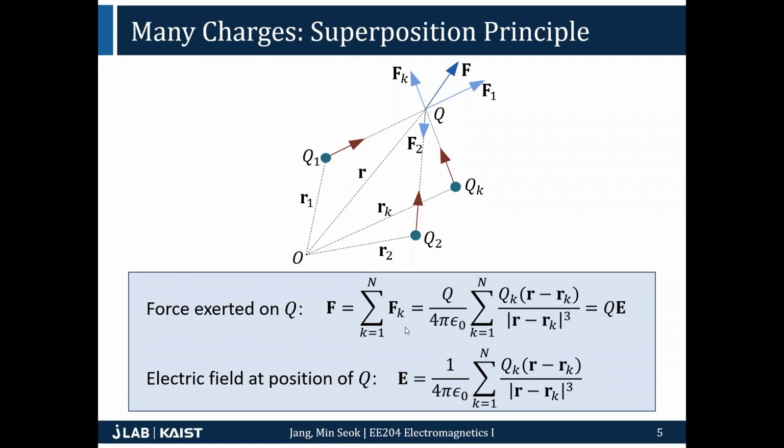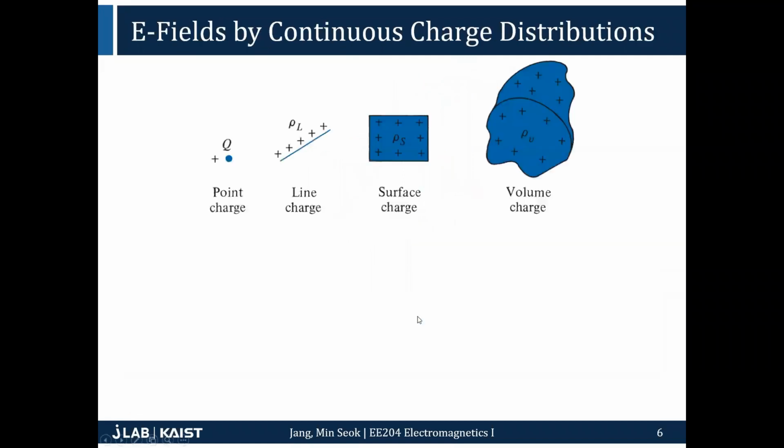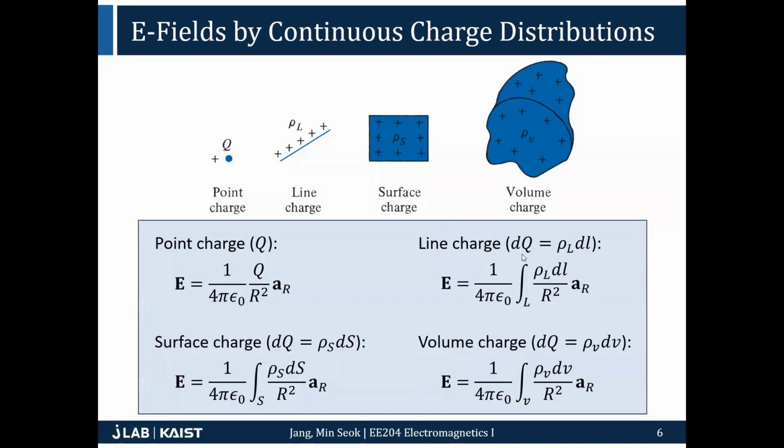So now we can, of course, expand this concept, like the superposition principle, into more continuous charge distributions. So we can think of point charge, and then line charge with line charge density rho L, or surface charge with surface charge density rho S, and volume charge with volume charge density rho V. We know the point charge is doing this.